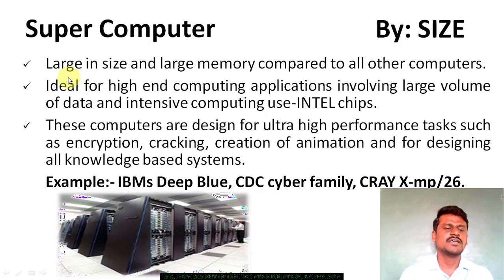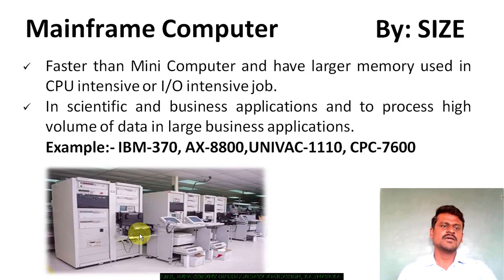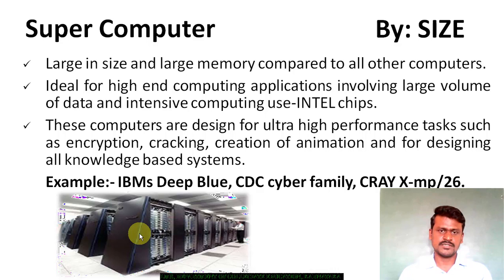As we can see, these are large in size, with large memory compared to all the other computers. Supercomputers are very large compared to the mini, micro and mainframe computers. So only these are called supercomputers.